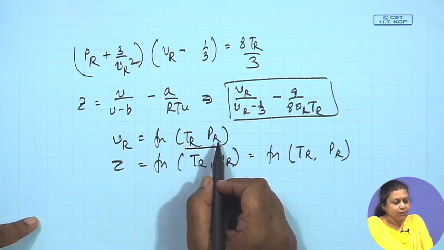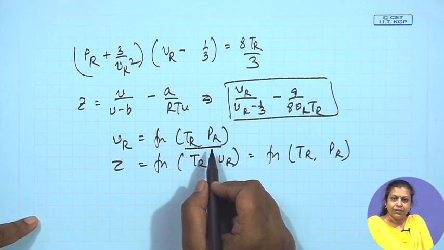So, what does this mean? This means that when gases are at the same conditions of TR and PR, they exhibit the same reduced properties, or rather they have the same reduced values for the different properties.